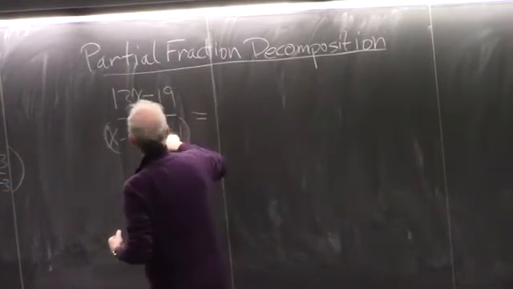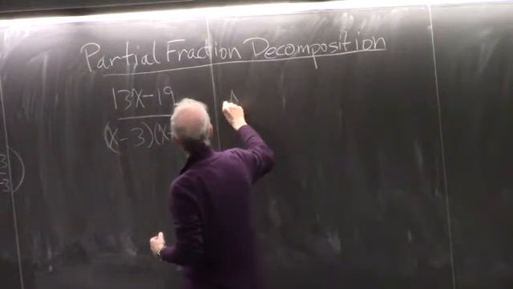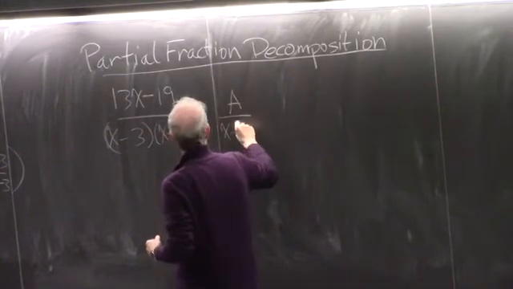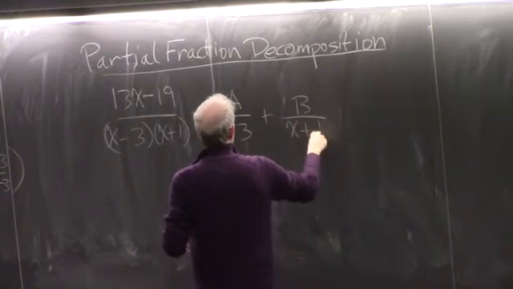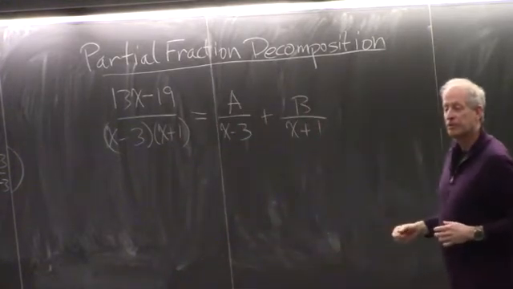So what you do is you say, well, this must have been some a over x minus 3 plus some b over x plus 1.